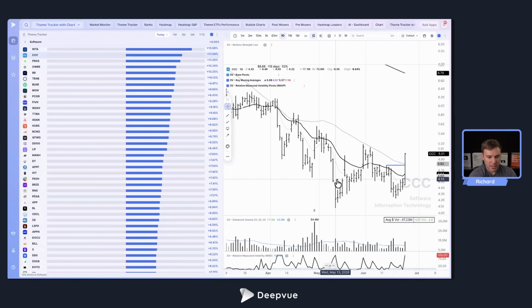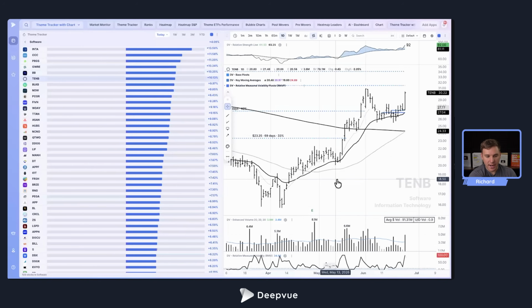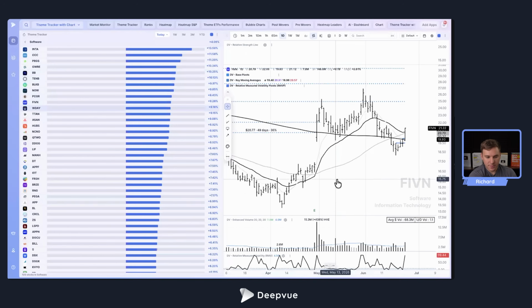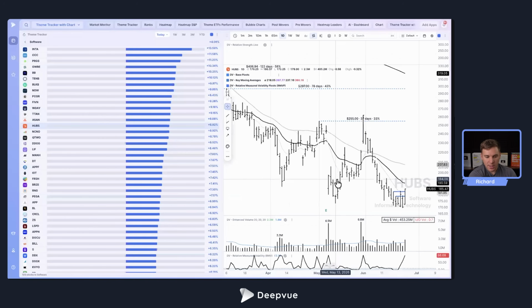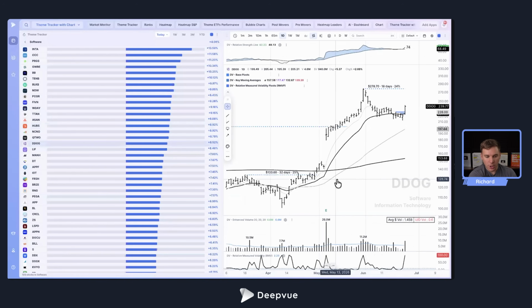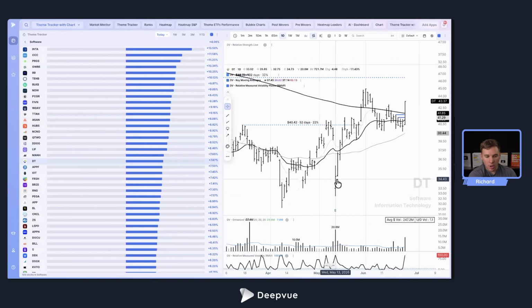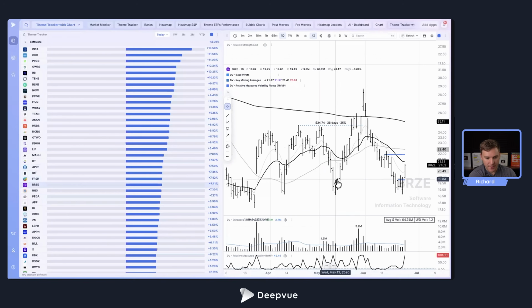Look at how this whole theme acted together on Friday. Some are pushing off lows, some are pushing off lows within bases, but they all share the same look to them.